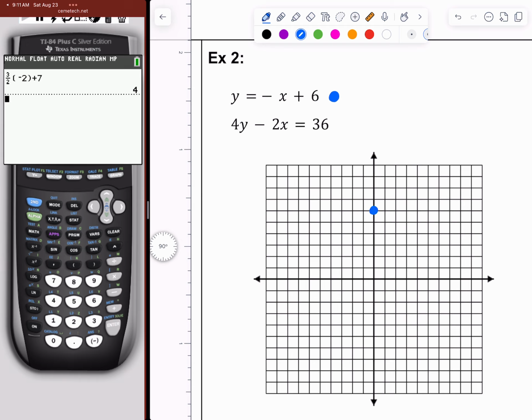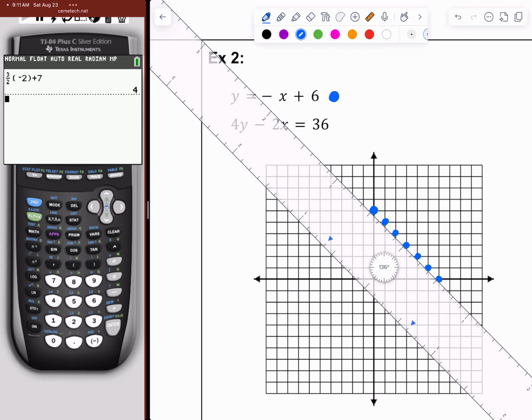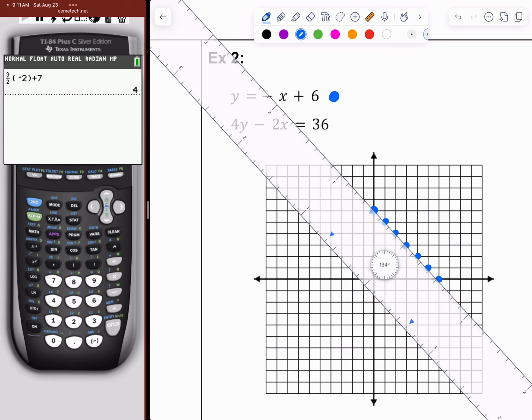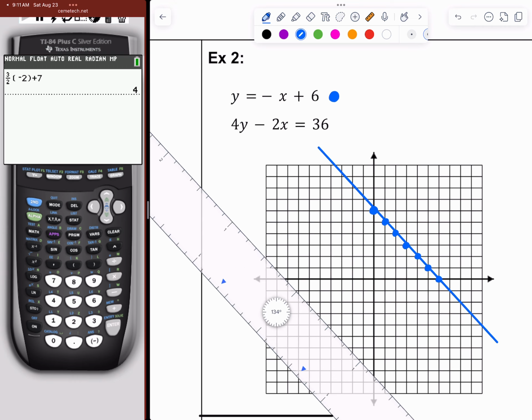And our slope is negative 1, which means we go down 1 over 1. Remember, you plot as many points as possible because you want to be neat. If you don't have a ruler, that's fine, just use anything that's like a straight edge. All right, so that's that line.